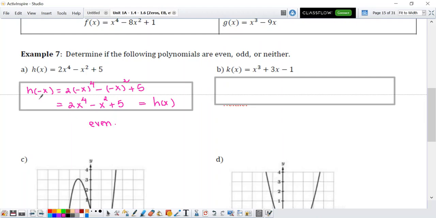You can do the generic negative x, or you can use a number. So let's do this, k of negative x, which means negative x to the third power, minus 3 times negative x, minus 1. A negative number to the third power is negative.